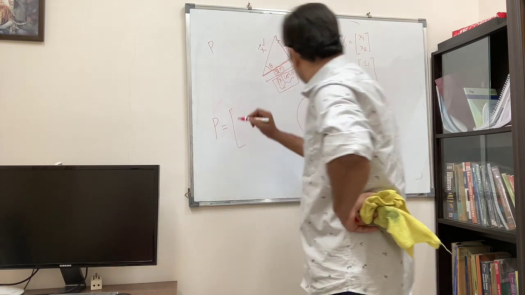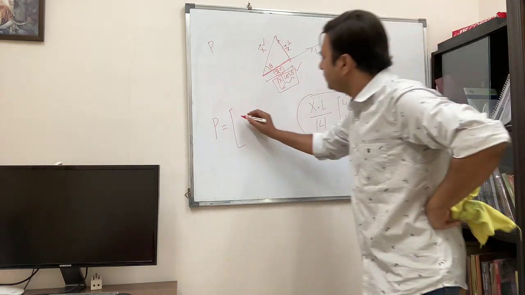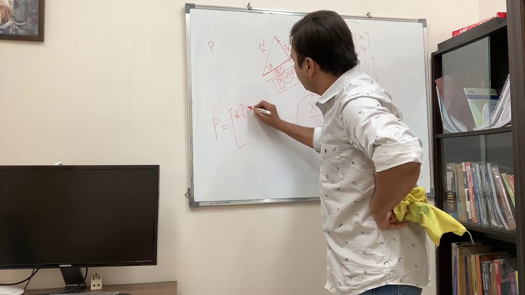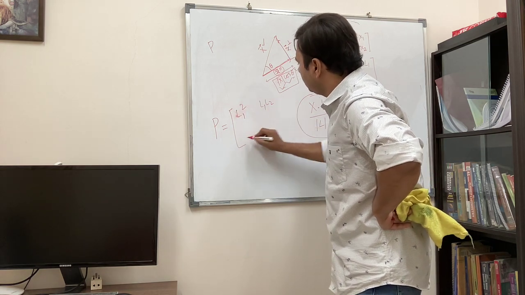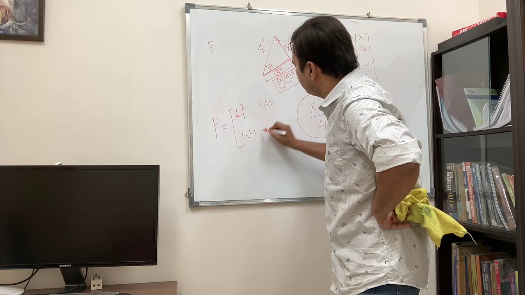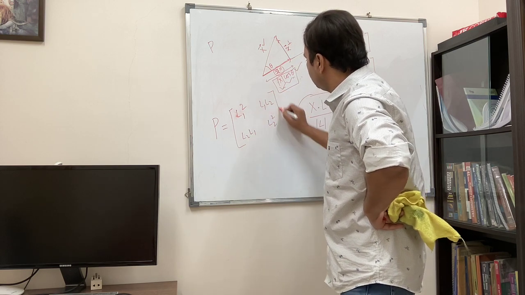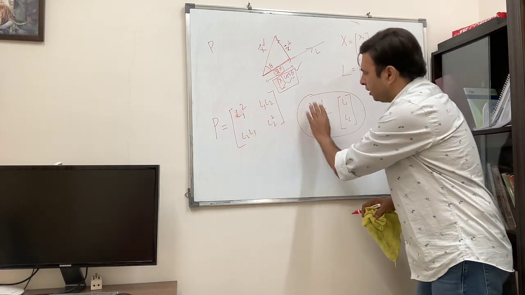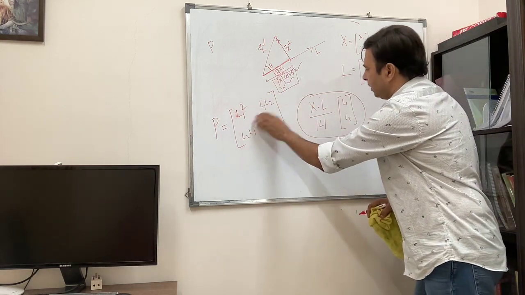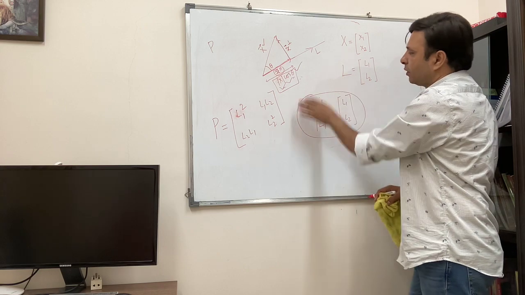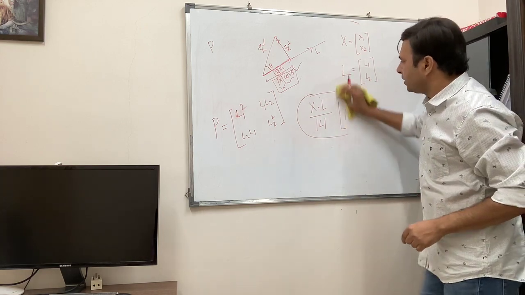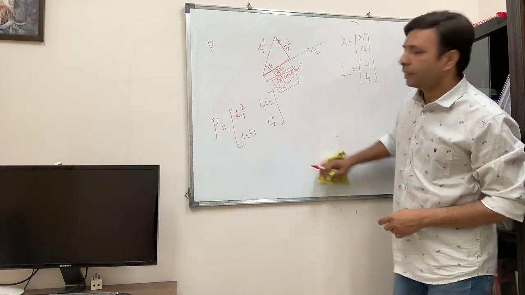I want to derive it for you, but I am just trying to see that it's easy. L1 square plus L1 L2, L2 L1, L2 square. Okay. So let me write it directly, and then I'll convince you that this is the projection matrix, which will come from here. To do the derivation will take a lot of time. So let me just write it directly.